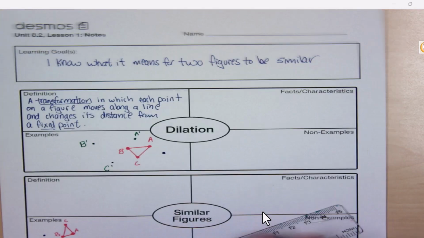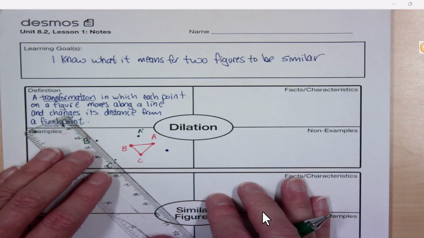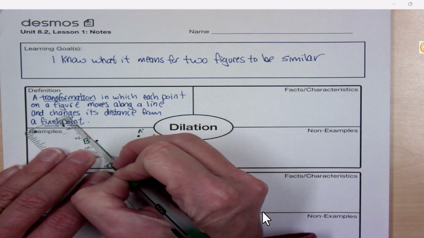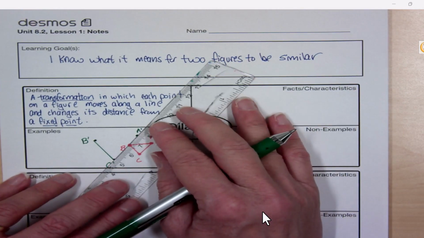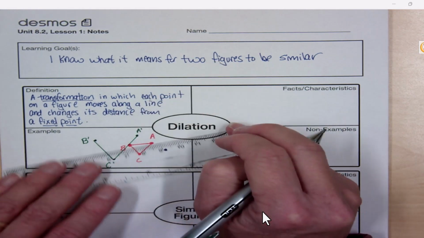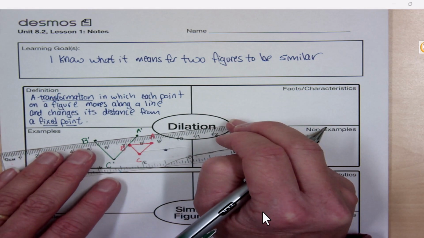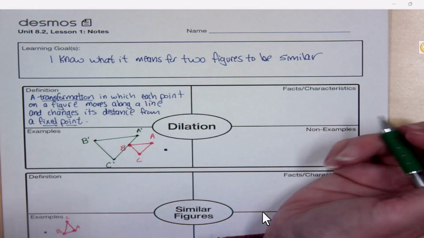Let me draw that dilated figure. And you can see that it's the same shape as my original triangle, but it's a different size. This one's bigger. Dilations might make a figure larger or it might make a figure smaller.